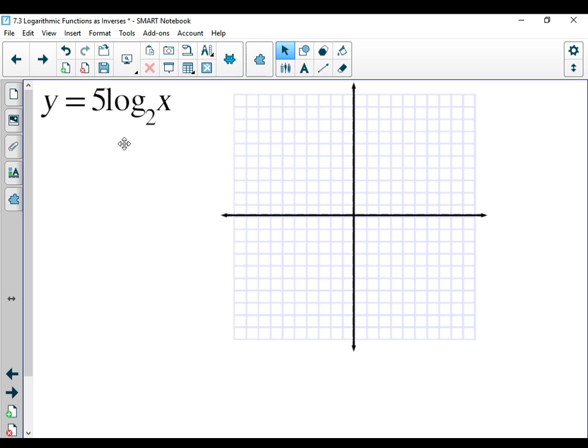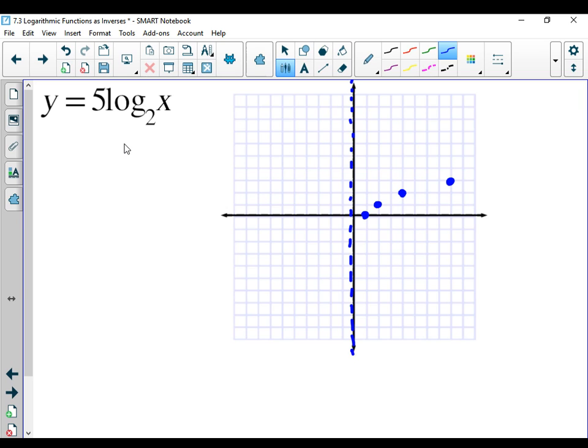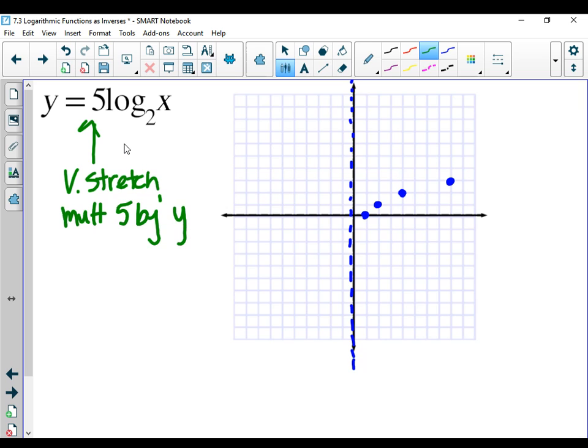So we've already graphed our parent function from the last problem. We didn't move left or right, so my vertical asymptote stays. So if I have a vertical stretch, that means I'm going to multiply 5 by each one of my y values. Okay.